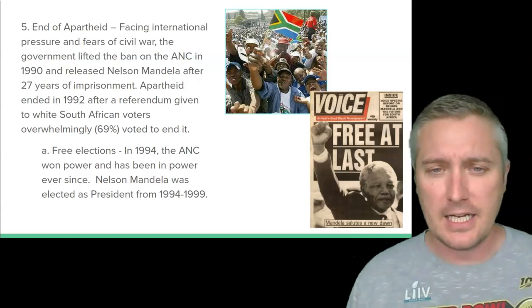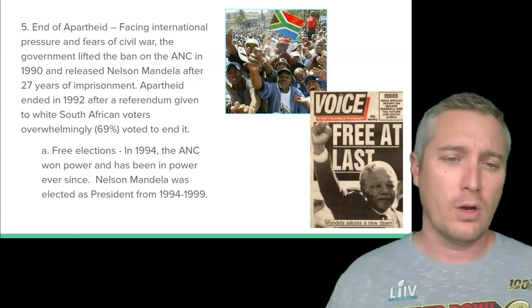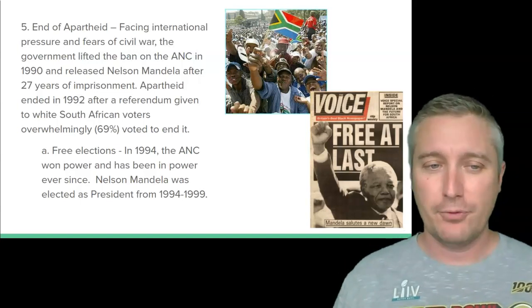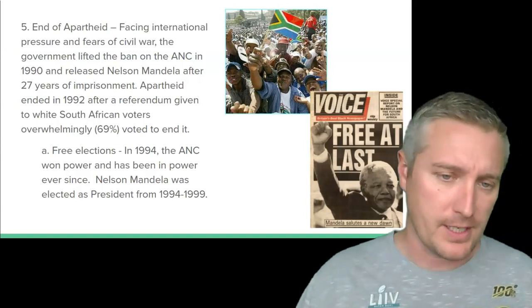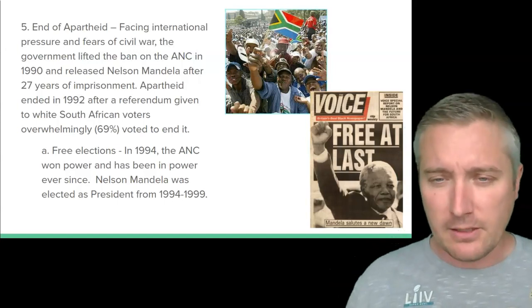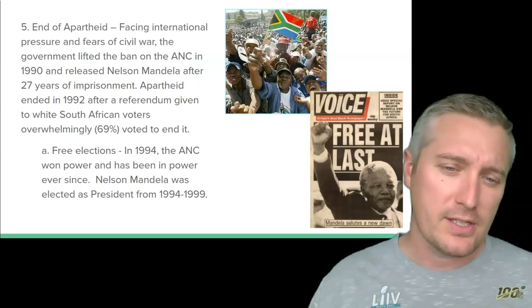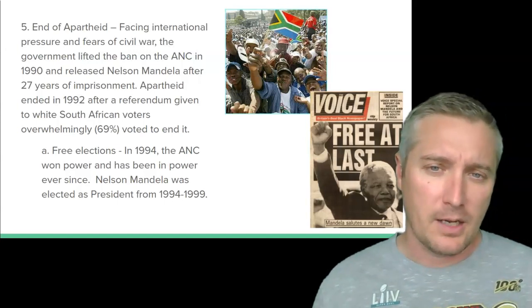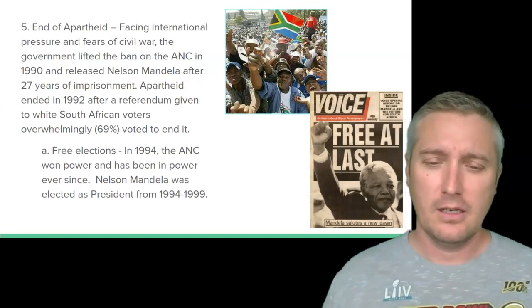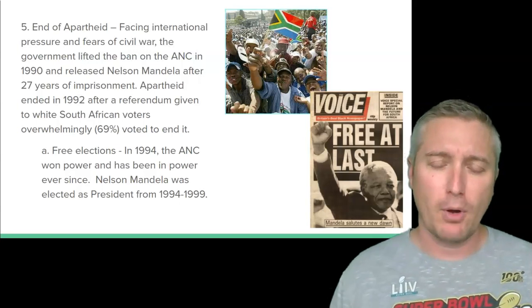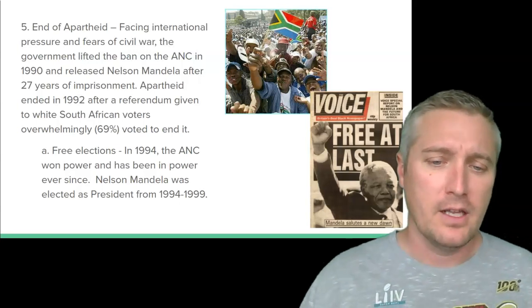In 1992, a vote was given before white South African voters, and overwhelmingly, they did vote to end apartheid. 2 years later, they would have the first free elections in South Africa, and Nelson Mandela was running as president for the ANC party, and he would be elected president.